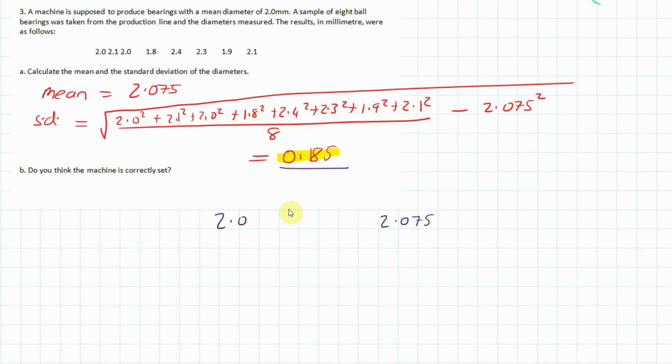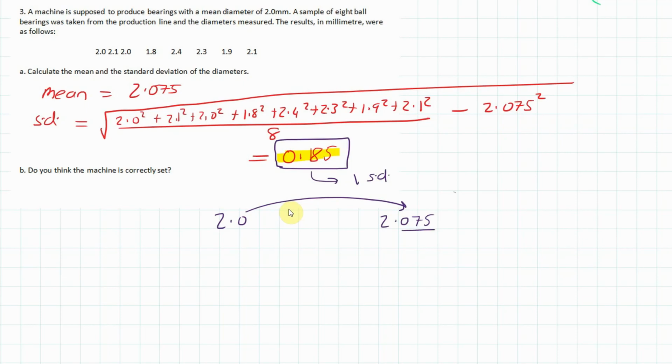Now the standard deviation is 0.185. And you can see the difference from here to here is less than half of one standard deviation. So this is what one standard deviation is. So you can see this is less than half of a standard deviation.